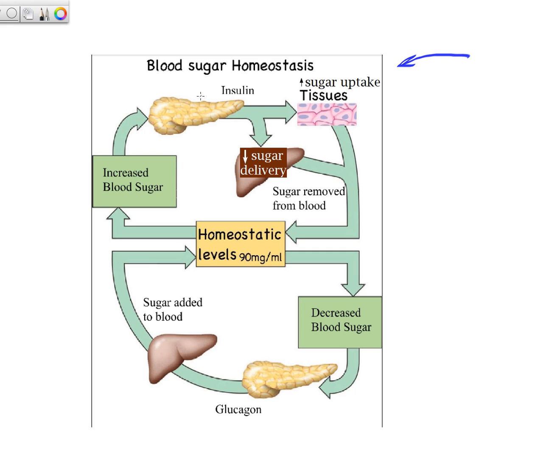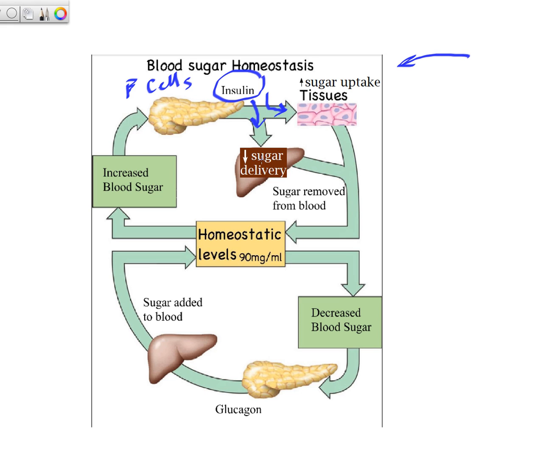There is a set of cells called the beta cells within the pancreas that produce insulin. Insulin tells the liver to stop adding sugar into the blood and tells most of the tissues in the body by volume to take up sugar from the blood.